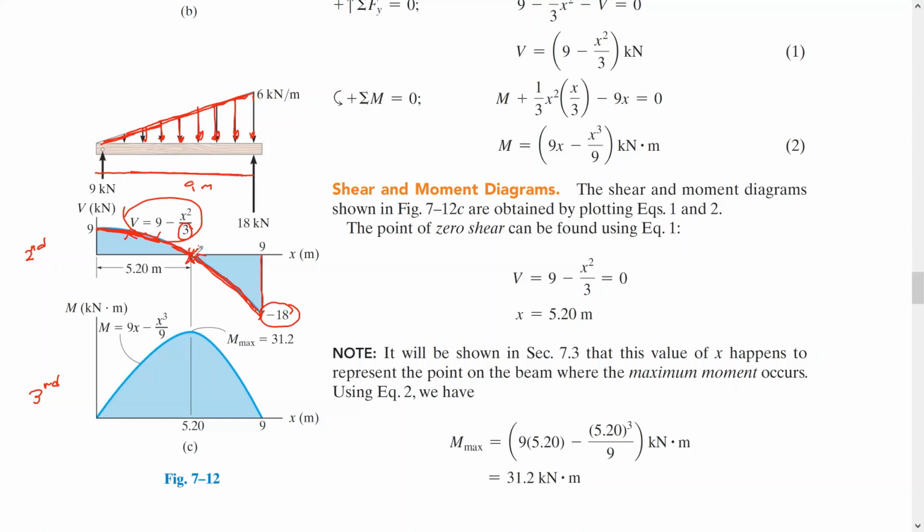Okay, how can we find this point? Here the shear is equal to 0, so just equate this to 0: 9 minus x squared over 3 equal 0. Of course two values will come out, x equals plus or minus the square root of 27, which is 5.2 and minus 5.2, and we take the positive because it's a distance, so this value comes out. If you substitute this value here, it must give you zero.